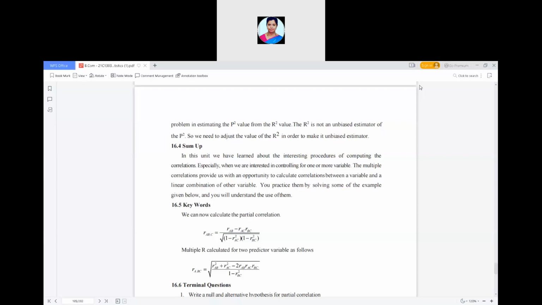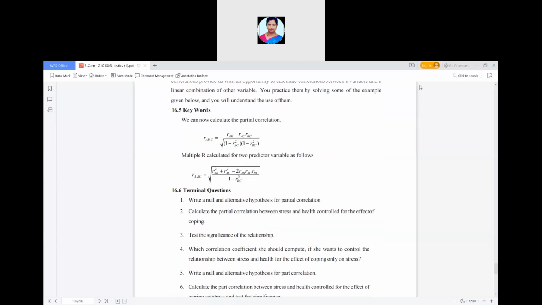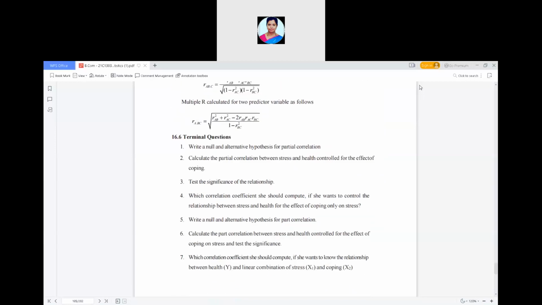Here we have some terminal questions. First, write the null and alternative hypotheses for partial correlation. Second, calculate the partial correlation between stress and health, controlling for the effect of coping.